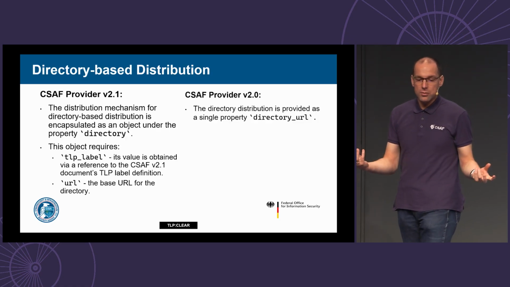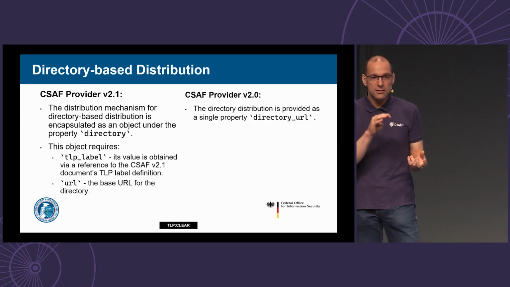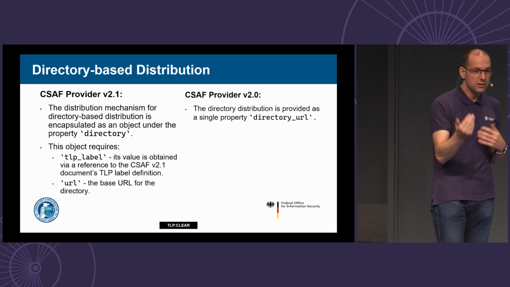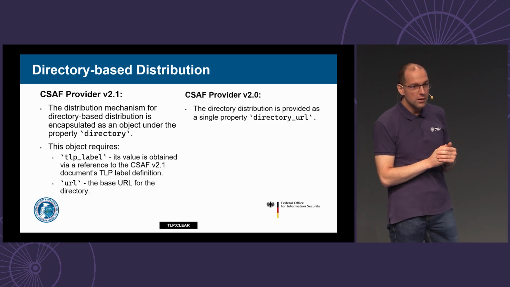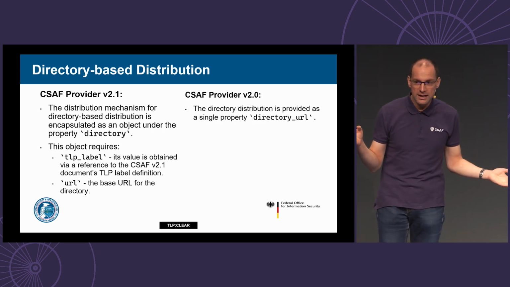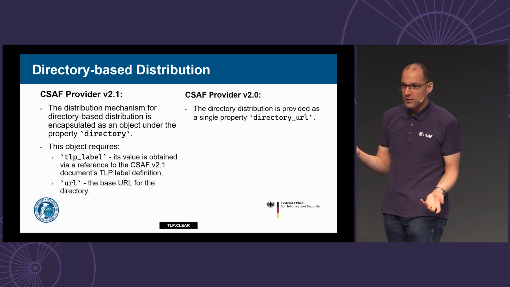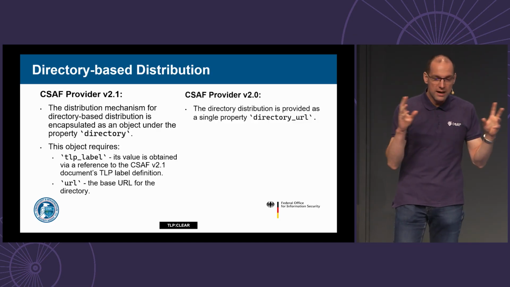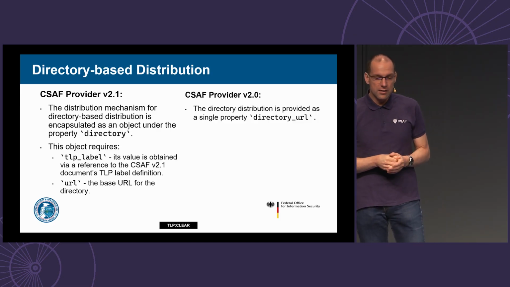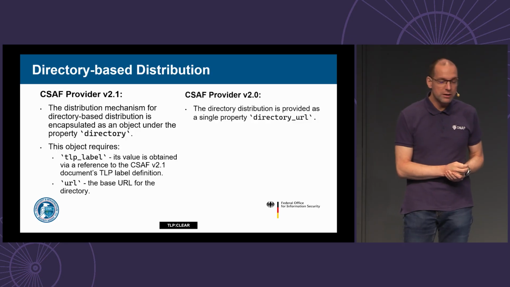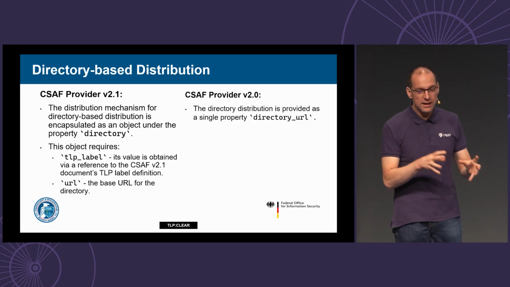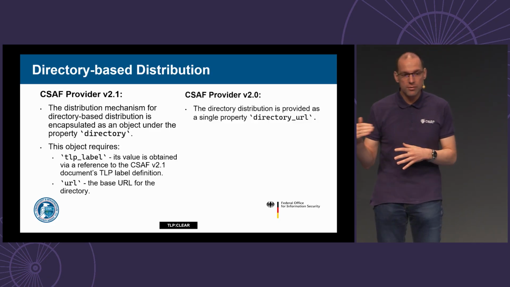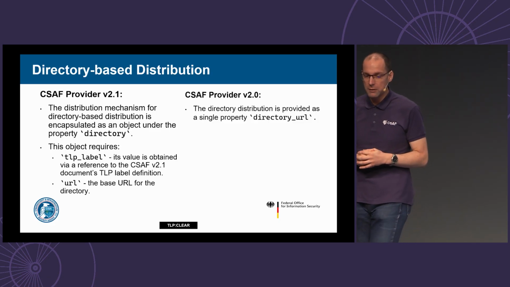And that also means we had in the feed-based distribution already the place where you could assign the TLP label for the feed. So you don't wonder that you can't get a TLP red feed, as it is access restricted. So you have that reasoning behind that. That wasn't possible for directory distribution, so we then went ahead and also included that to make it more consistent between the two distribution ways.